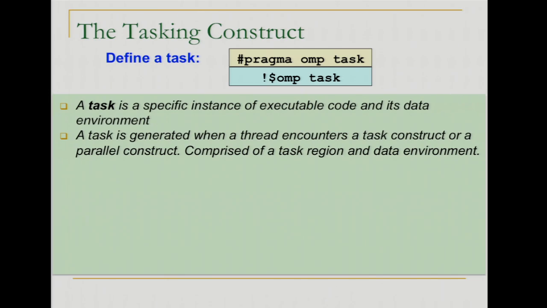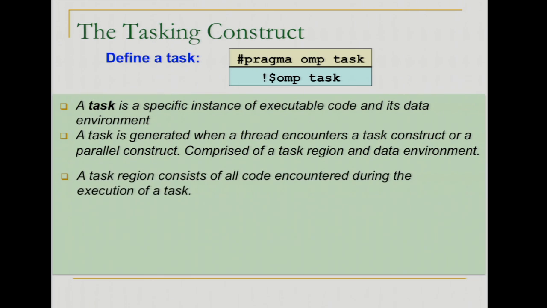Okay, so specifying them is pretty easy. So just a task, all right? It's a piece of code, and it has some data associated with it. So you can think of it as the data being captured. When a thread actually hits this OMP task, it will generate the task, all right? And the task will go into this pool. Like a lot of other things, OpenMP is deliberately a little bit vague about how they're executed to allow people to do the best for their own environment.